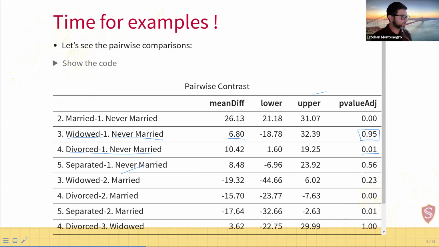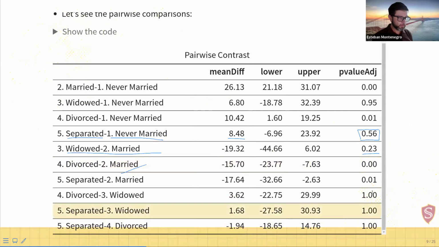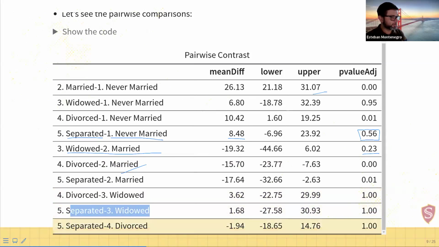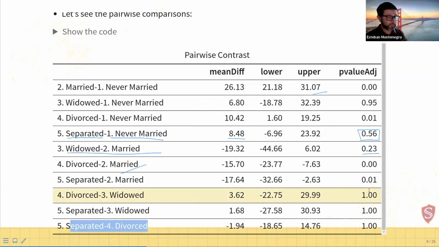But if we continue going, for example, divorced versus widowed, separated versus widowed, and separated versus divorced, they are all explained by chance.